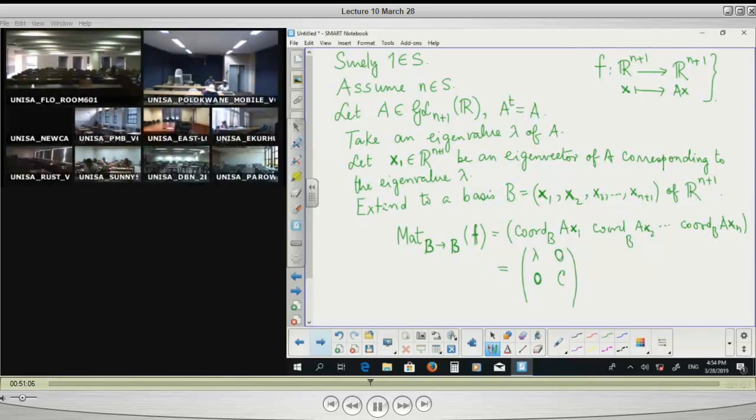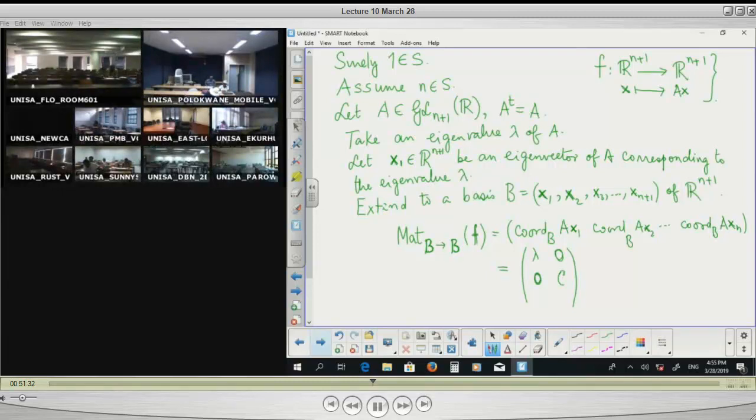So, since x2 is linearly independent of x1, over here there cannot be a combination of x1 coming in. Okay? So this also shall be a 0. Clear? So this becomes a matrix like this. Okay?